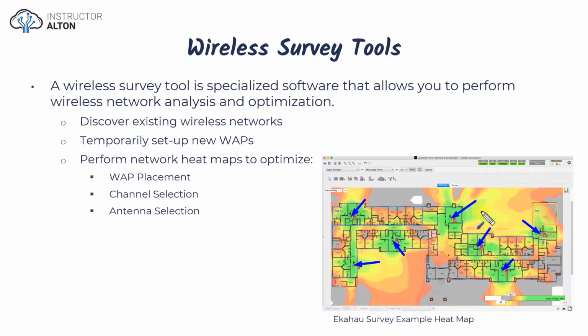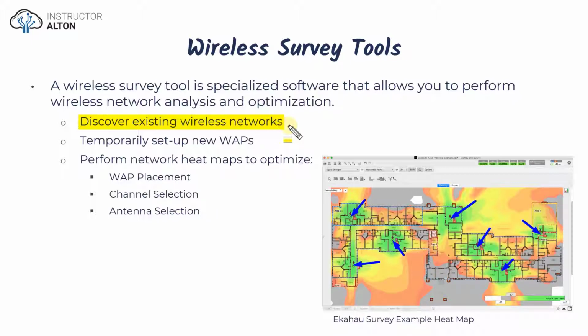So how does this help us? Number one, it can allow us to discover existing wireless networks. For example, let's say that we're an IT consulting firm and a company has brought us in to improve their wireless network. We can take this software and analyze where all the current wireless access points are and also take a look at the strength of them.